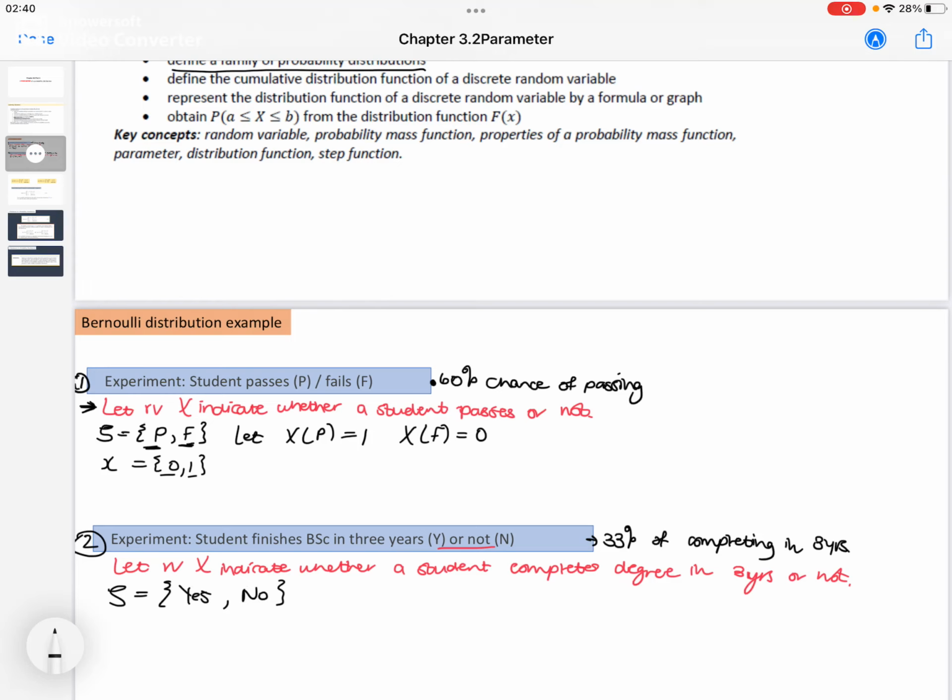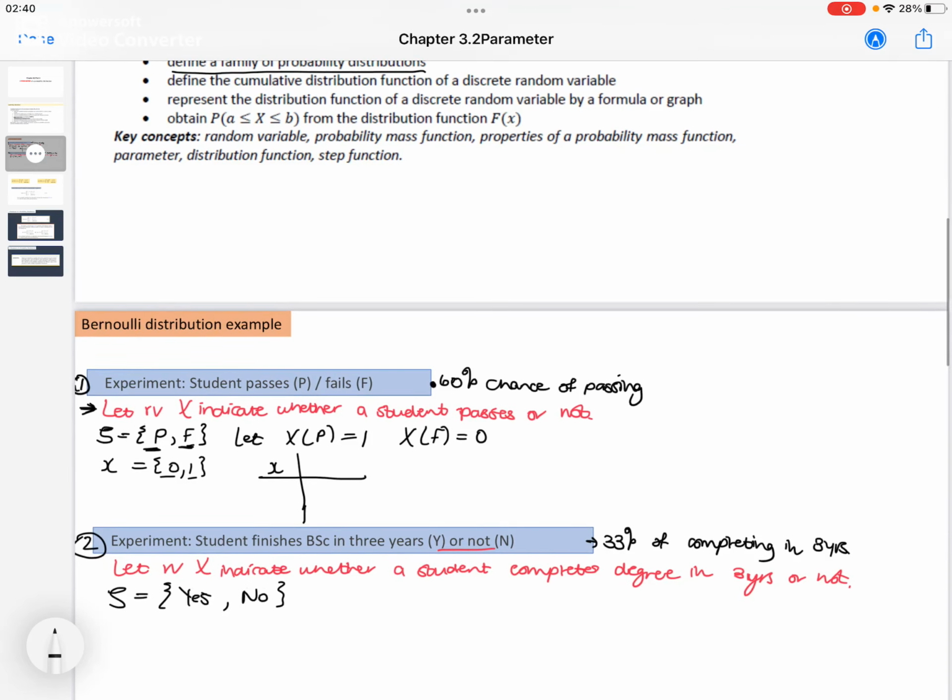From the information that there's a 60% chance of passing, we can define our PMF, or probability distribution. We can define it using a table. The first column indicates the possible values of our random variable, which is 0 and 1, and we have the probability of observing each of these possible values.